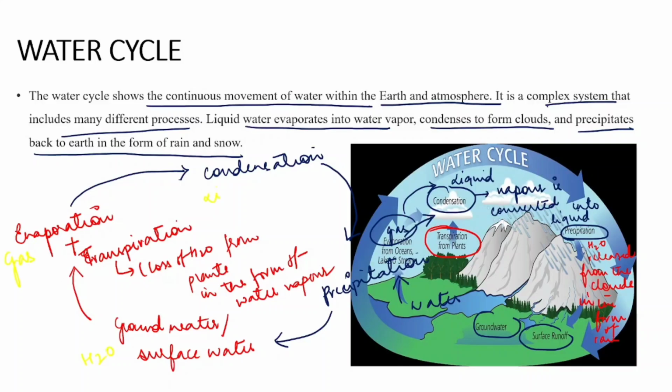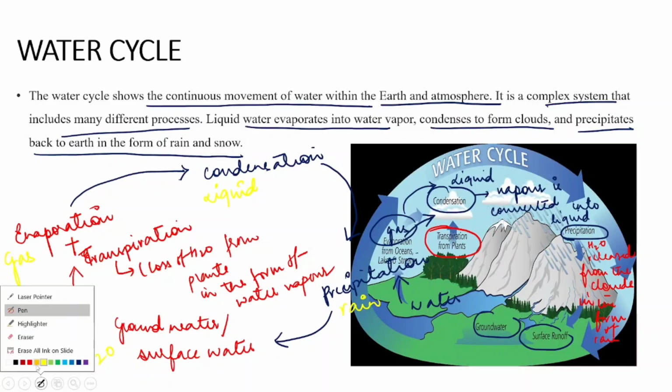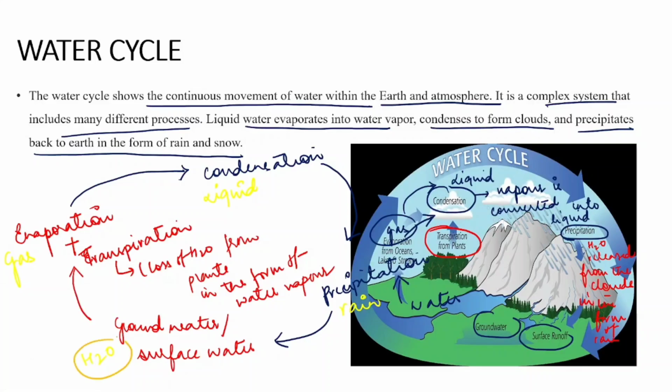Gas is turning back into liquid, and here rain, and then again this is maintained. Am I clear? Yes. So here evaporation is the loss of water in the form of water vapor, which is gas, and this is water.